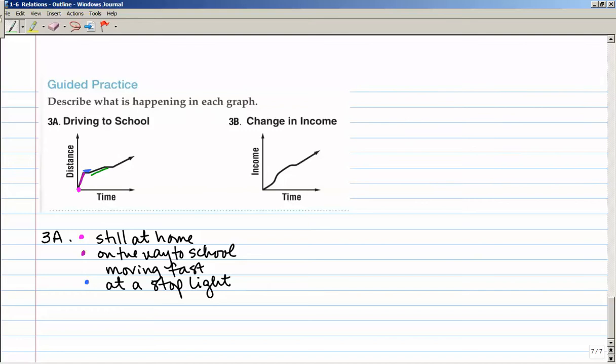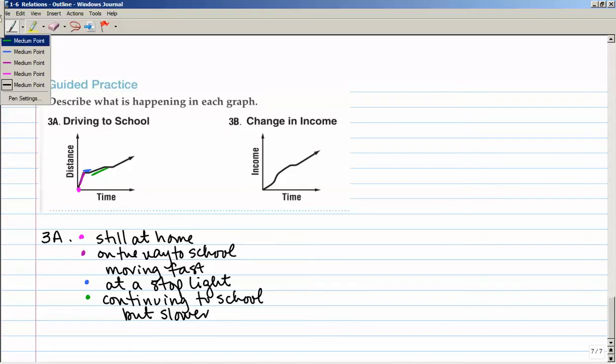Right here, I'm continuing to move forward, but at a slower speed. Continuing to school, but this time slower because it's not going up as far. In other words, it's taking me a longer time to cover a shorter distance. And then again, this piece right here is flat.